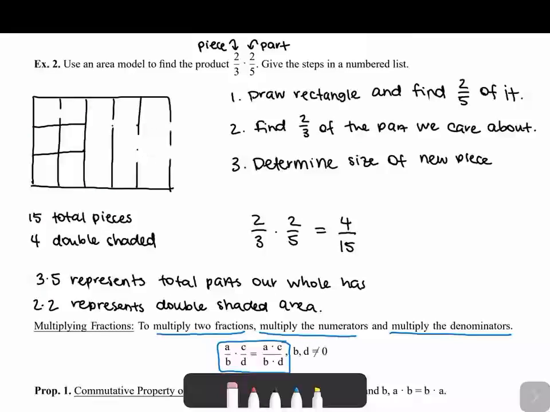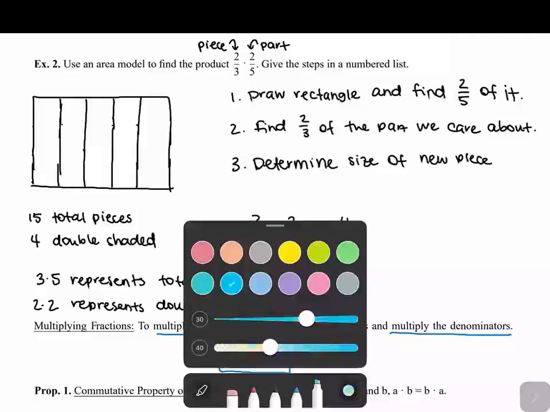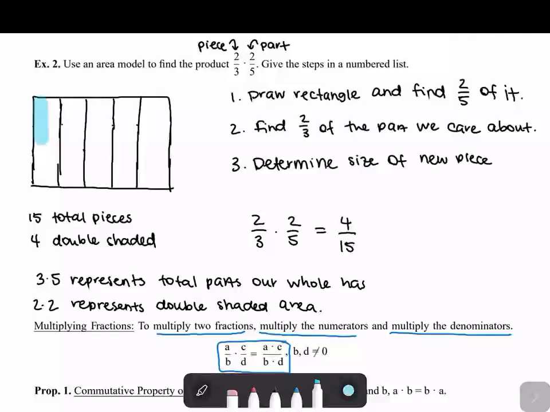If we draw our whole just with five pieces first. Okay, let me fill it in. So if we draw our whole with 5 pieces, and then we shade 2 of them in that blue.